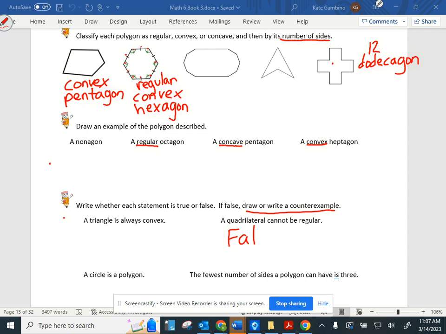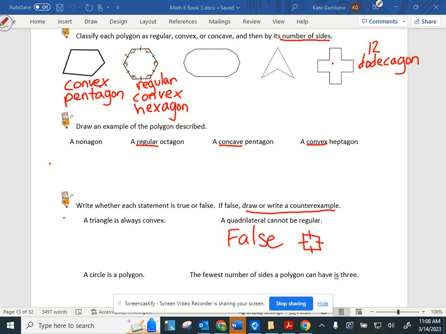How do we know that that is false? What is an example of a regular quadrilateral? We've already talked about it. A square. So you're going to draw a square and say, I know that that is wrong because a square is a regular quadrilateral. You don't have to write out the words, just draw the picture that would make it true.